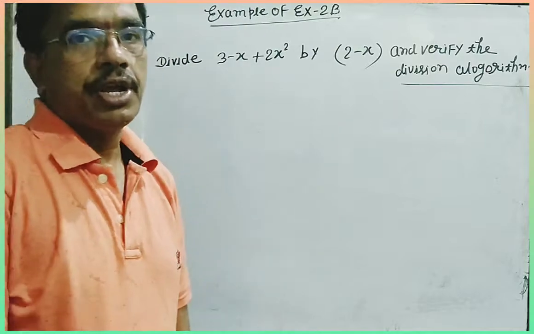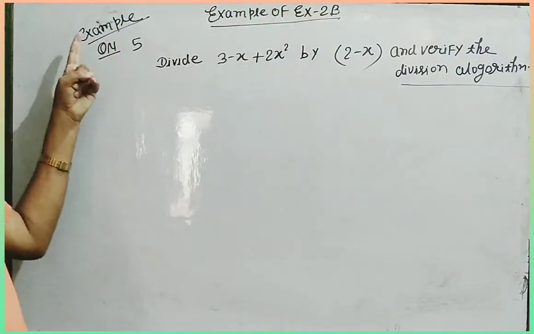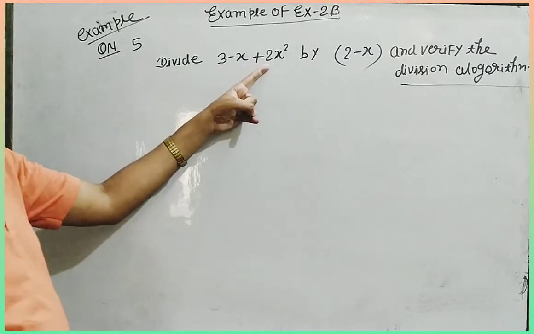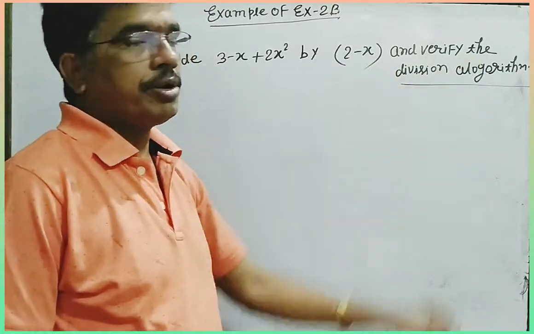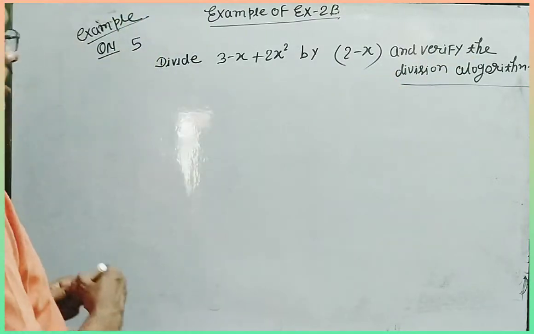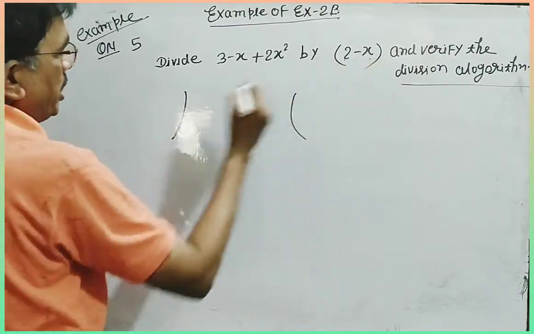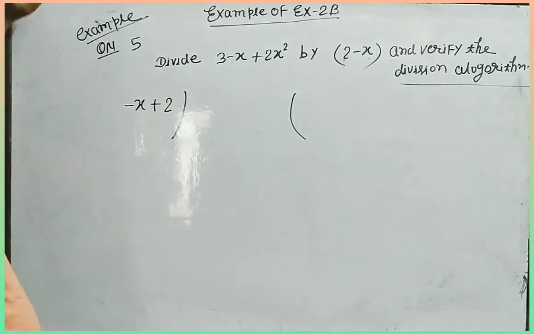Now your first question is Exercise 2B, question number 5. Divide 3 minus x plus 2x square by 2 minus x and verify the division algorithm. So dear student, first write this: it is 2 minus x, so write minus x plus 2 according to their degree.